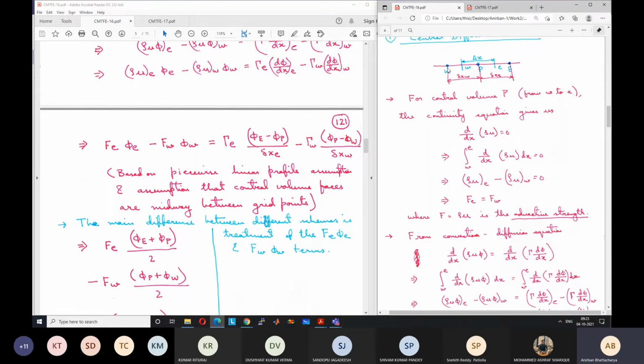Similarly, (u W plus u P) divided by 2 will be the u value at this interface. So Fe and Fw can be found at the interfaces. The question is actually, how will we interpolate phi e and phi w?